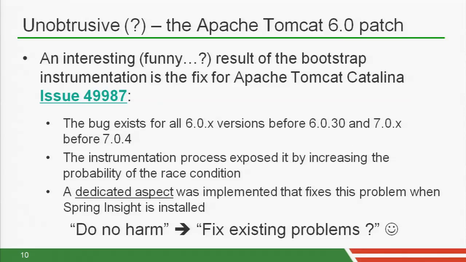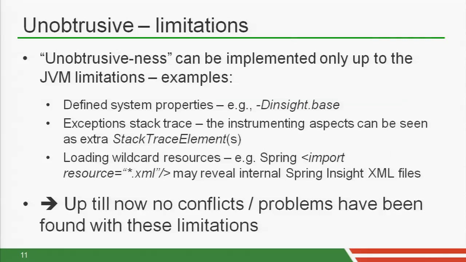We don't actually replace them, we just create a new class that is derived from the original one because of the limitation, and we instrument the new one instead, stuff like that. But again, like I said, we try to keep this impact, this intrusion, to a minimum. And like we said, there are some JVM limitations. For example, another location where you suddenly might see us is in exception stack traces.